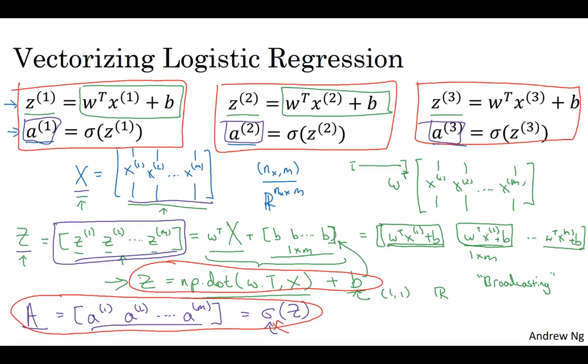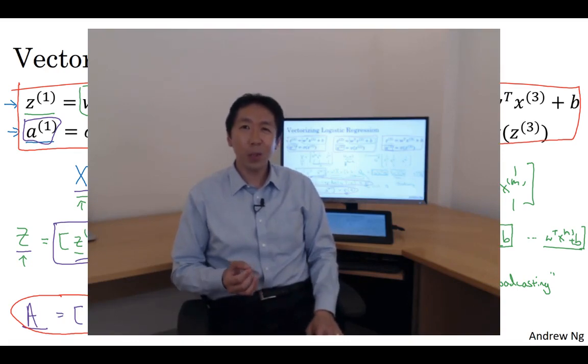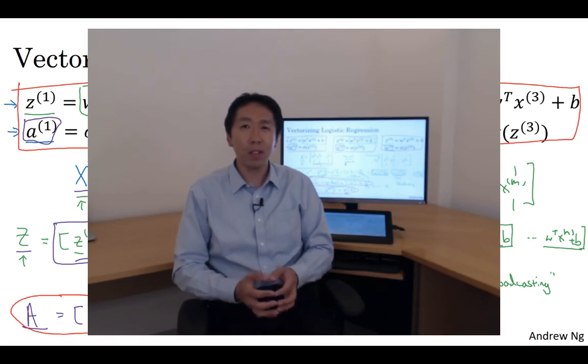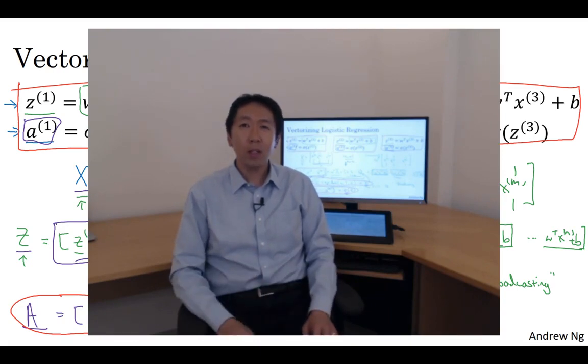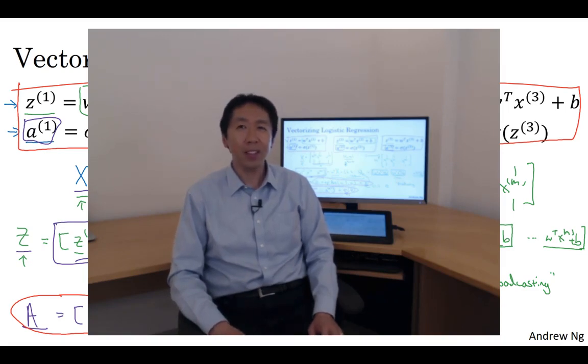So this is how you implement a vectorized implementation of the forward propagation for all m training examples at the same time. So to summarize, you've just seen how you can use vectorization to very efficiently compute all the activations, all the lowercase a's, sort of at the same time. Next, it turns out you can also use vectorization to very efficiently compute the backward propagation, to compute the gradients. Let's see how you can do that in the next video.